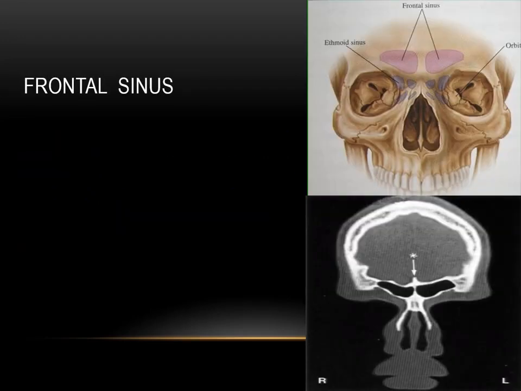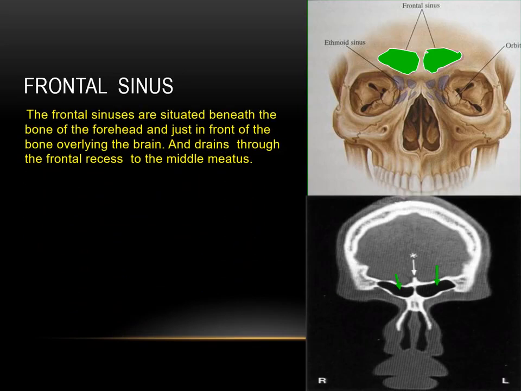The frontal sinus. The frontal sinuses are situated beneath the bone of the forehead and just in front of the bone overlying the brain, and drain through the frontal recess to the middle meatus.